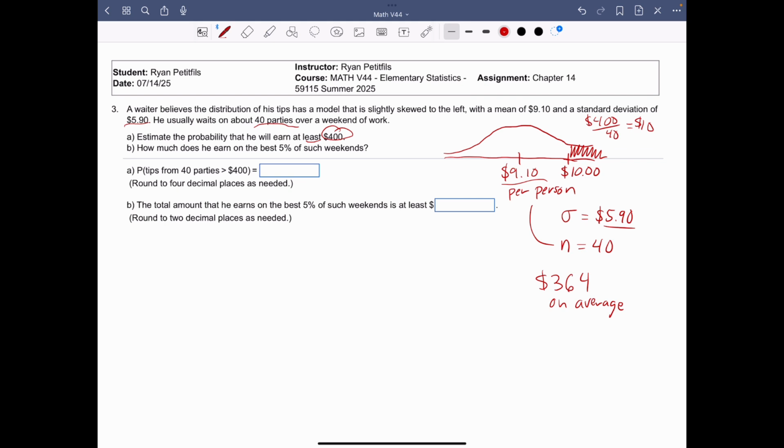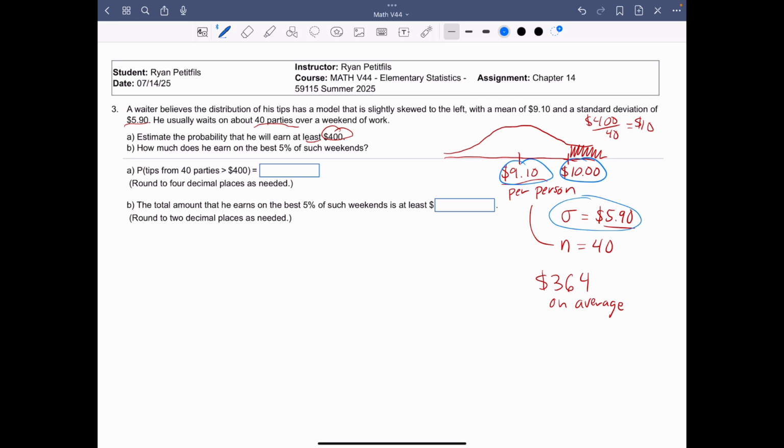Now we can do this using the z-score, but since we have StatCrunch at our disposal, it would be a lot easier just to go ahead and type in these numbers. So 9.10 is our mean, and $10 is going to be our y value. The only thing we have to adjust is this standard deviation, because this is for the skewed model.